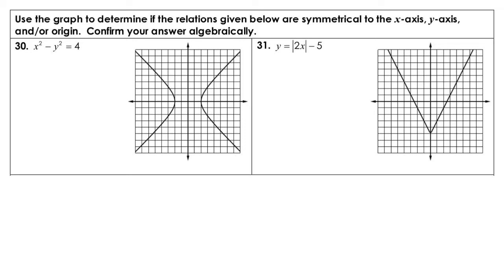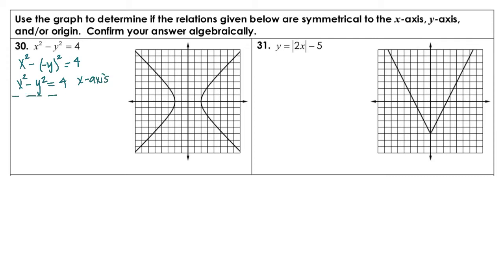To show that, we plug in a negative y. That's going to be x squared minus negative y all squared equals 4. Notice that I get back the original. That tells me that we are symmetric about the x-axis.